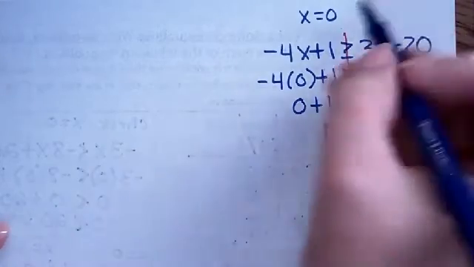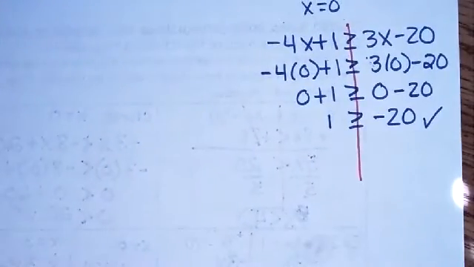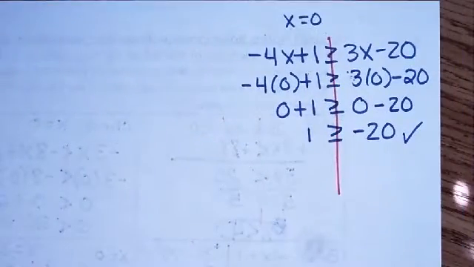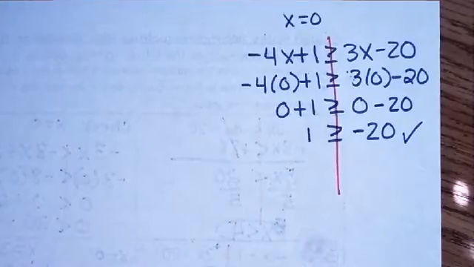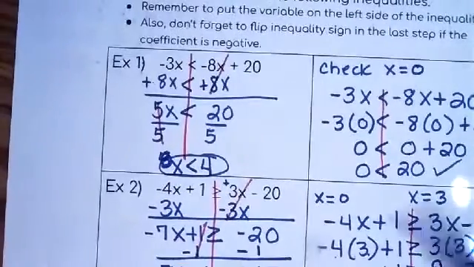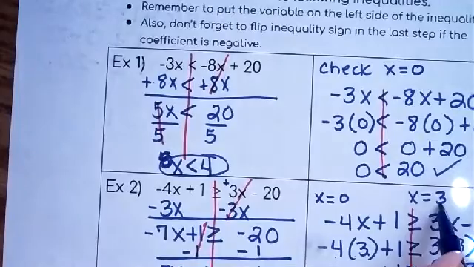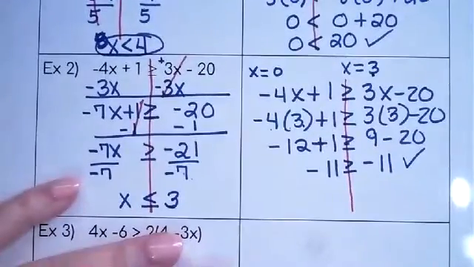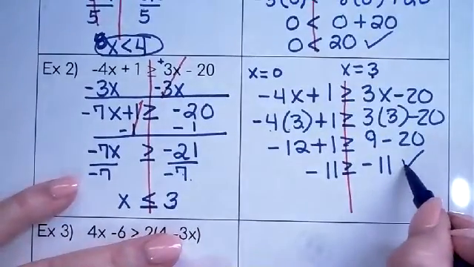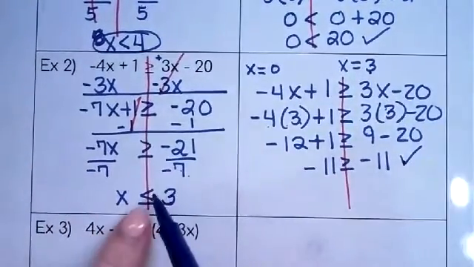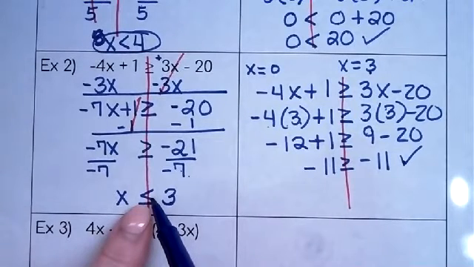So I checked. Let me flip back over here for a second. If you need to pause the video and copy this down, copy it. But when I flip back over here, when I checked x equals 3, it worked because my inequality says that x is less than or equal to 3.